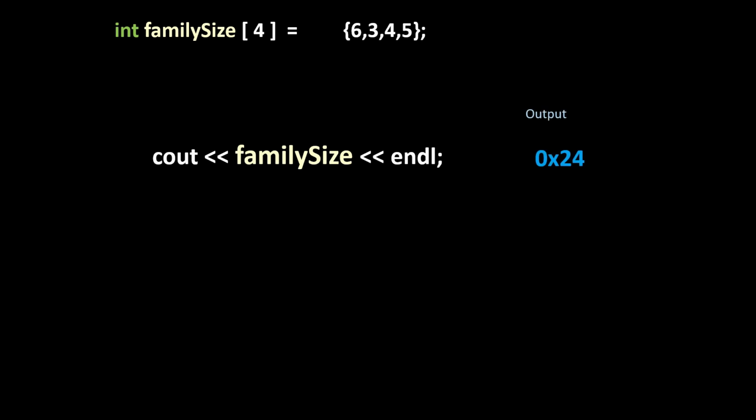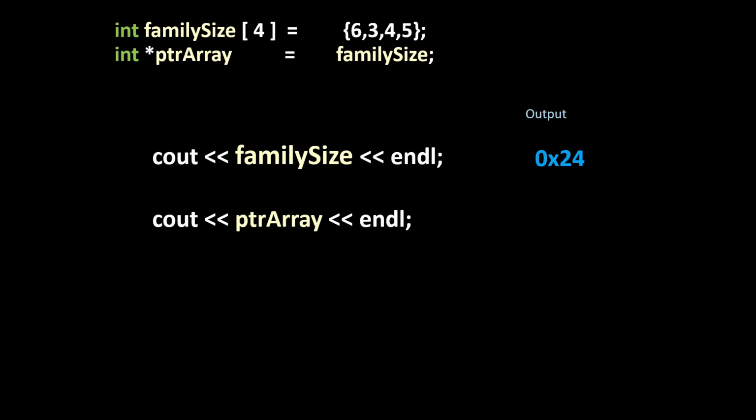Seen here in this slide, if I try to print out to the console what family size is, I actually output an address. And if I try to point to that array, it doesn't really work. I don't need the ampersand. All I need is the name of the array, and I can initialize that into the pointer.